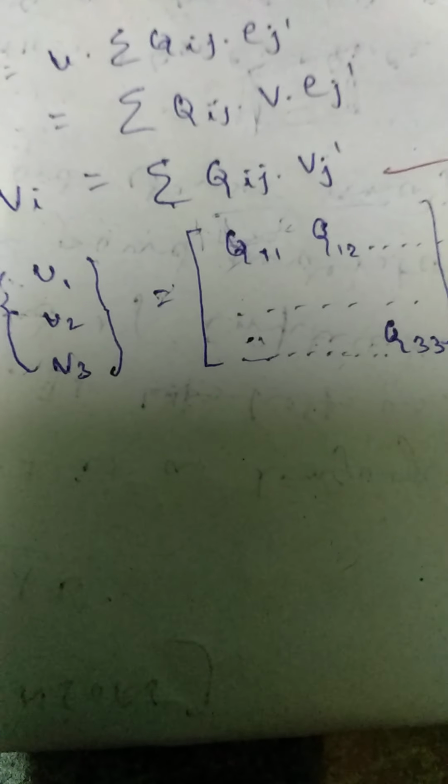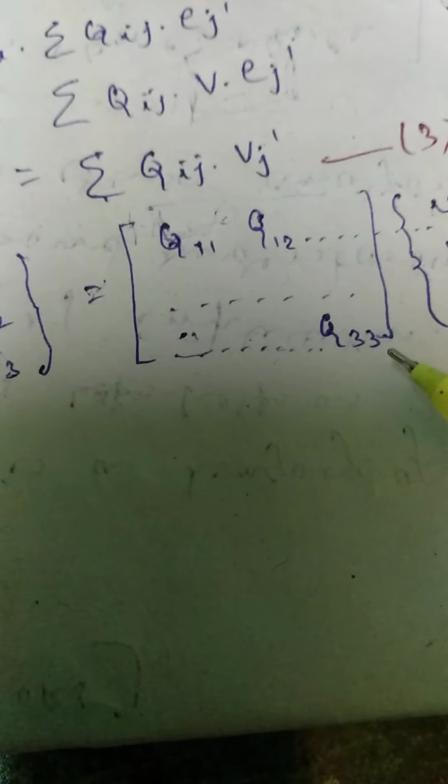If it is a 3 by 3 matrix, then this will be Q13, Q21, Q22, Q23, and Q31, Q32, and Q33. I am not writing the other elements, and these are the components in the primed system. So this is how we relate the components of the unprimed and the primed system by means of this Q matrix.